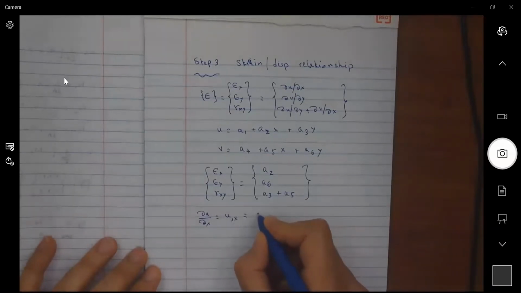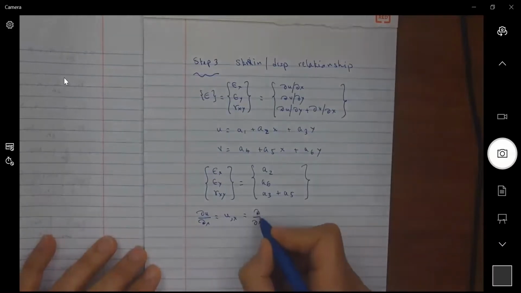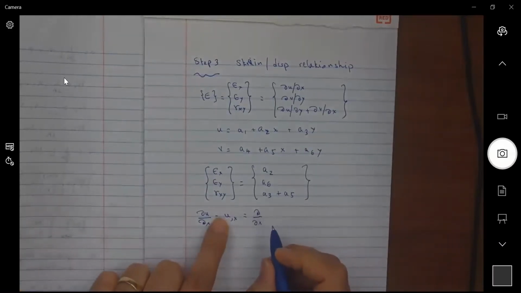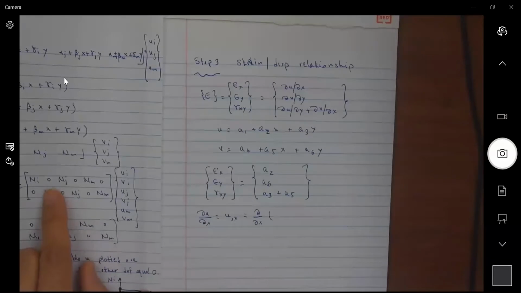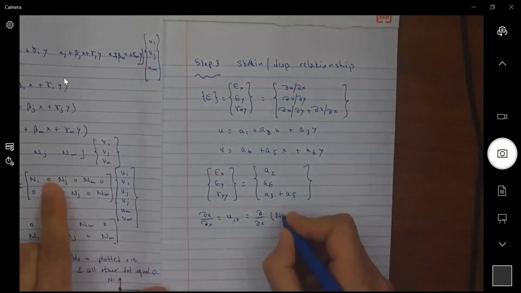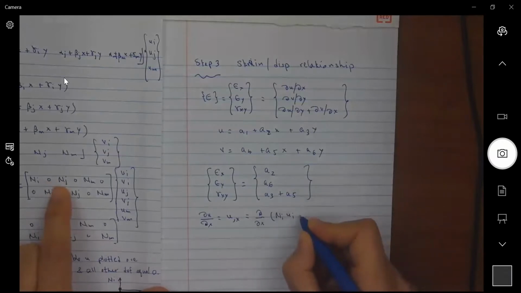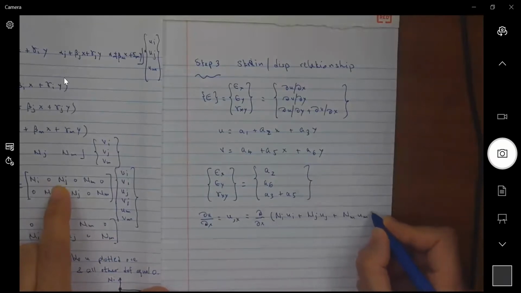This is like taking the partial derivative with respect to x of u, and if I take u expressed using shape functions, I can write it as Ni ui plus Nj uj plus Nm um, right?